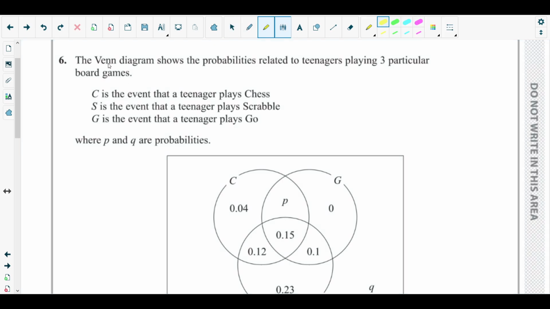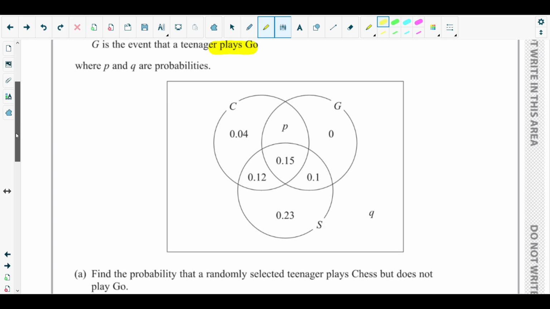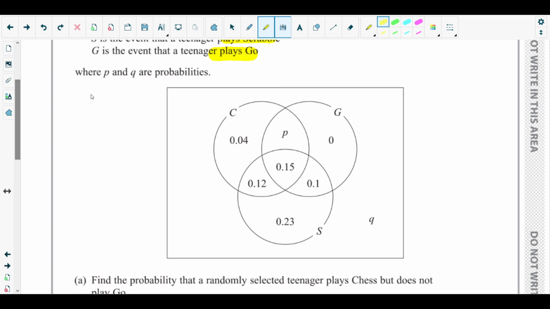The Venn diagram shows the probabilities related to teenagers playing three particular board games. C is the event that a teenager plays chess, S is the event that a teenager plays Scrabble, and G is the event that a teenager plays Go. In the figure, a Venn diagram has been given where P and Q are probabilities.